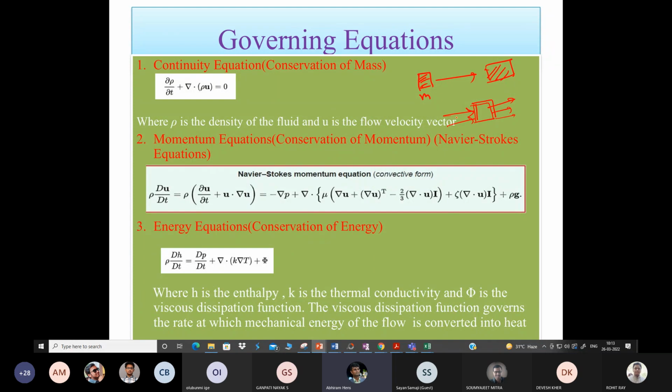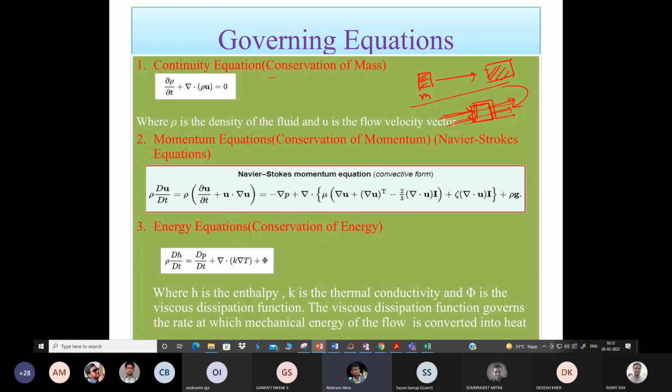So whatever fluid is coming, that is passing through this control volume, and we are interested in this volume part, not the mass of this element of fluid. Okay, so this is called control volume analysis. So whenever we are transforming the basic laws of physics from control mass to control volume approach, then we can get this kind of conservation equations, conservation equations based on this control volume.